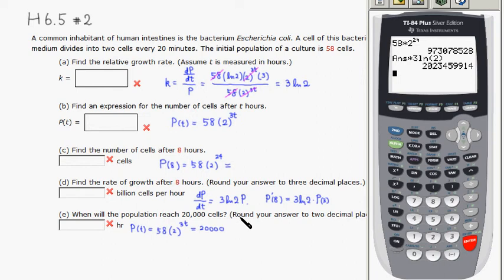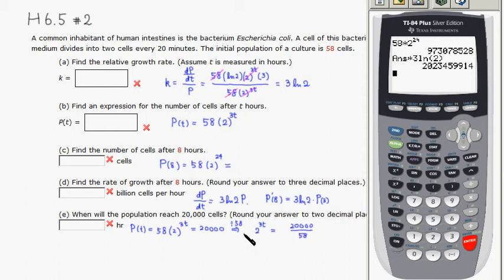Then all we have to do is divide through by 58. So we have 2 to the 3t power equal to 20,000 divided by 58.